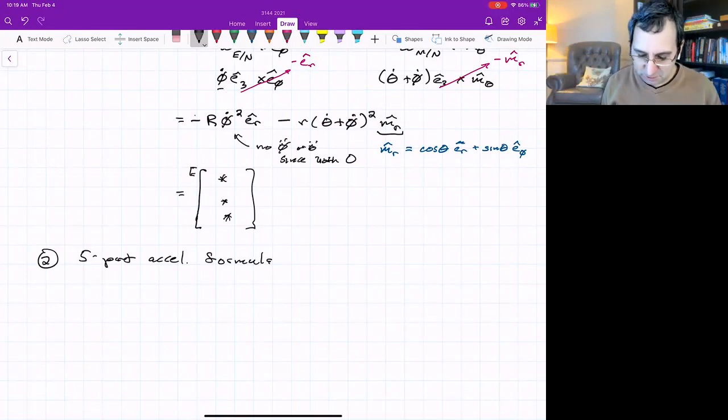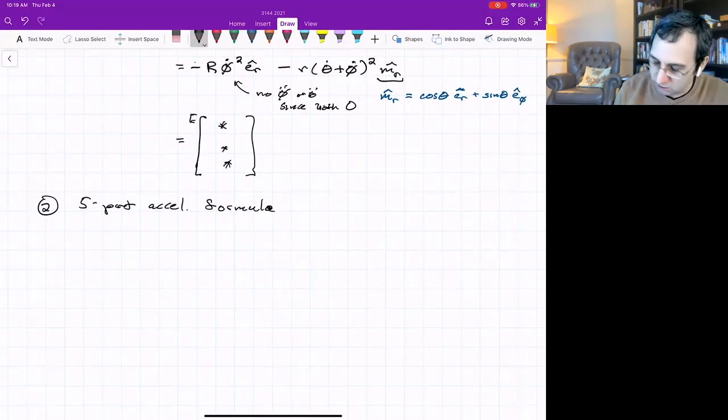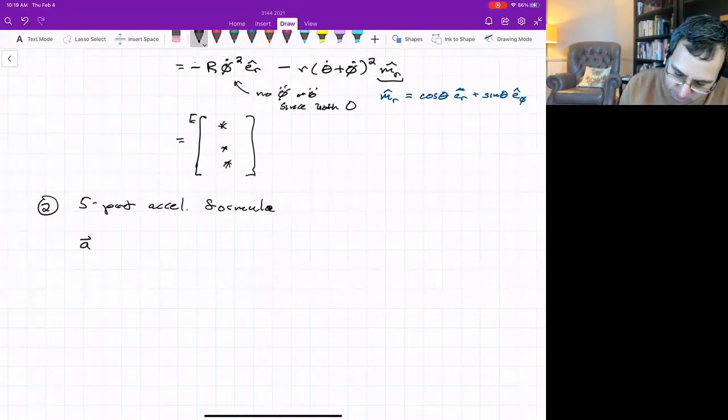And then you could write everything in terms of the E prime. The 5-part acceleration formula will give you the same thing. I've tried it, and it works. Here would be acceleration. I find this notation more cumbersome.